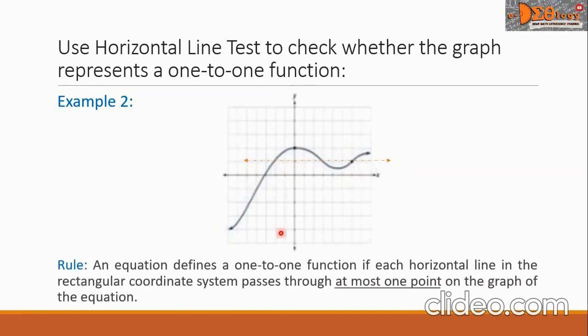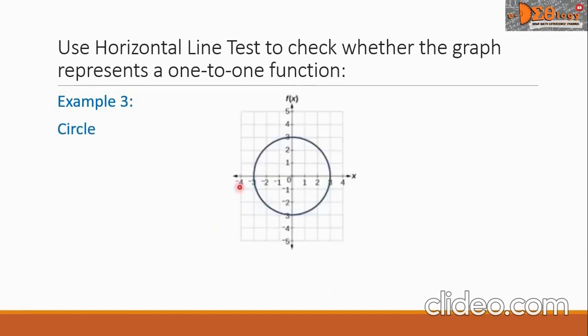But horizontal line test says that any horizontal line must touch the graph in at most one point. But since this horizontal line in particular touches the graph in 3 points, we say that the given graph here is not a one-to-one function. This is our final answer.